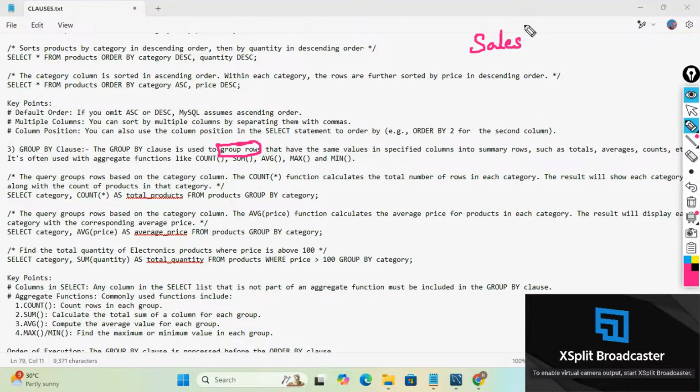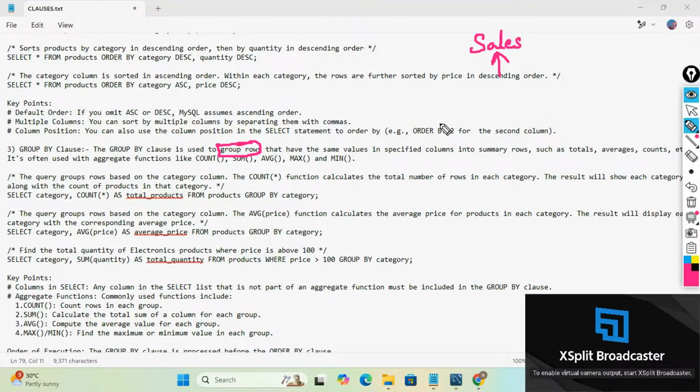Under this department column, only go and look out for sales. Group the data, use group by clause on department column where the value should be sales. When you try to do this, yes, you can get the data only for that particular department. That is what we are trying to do.